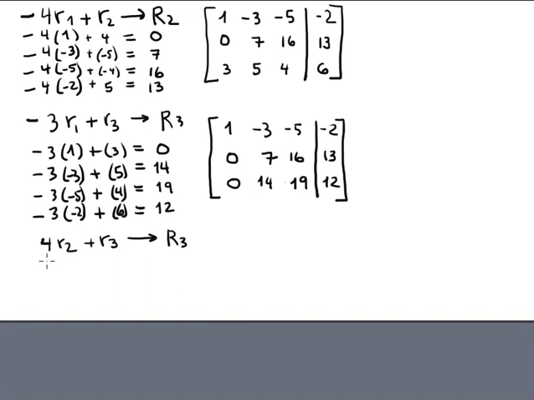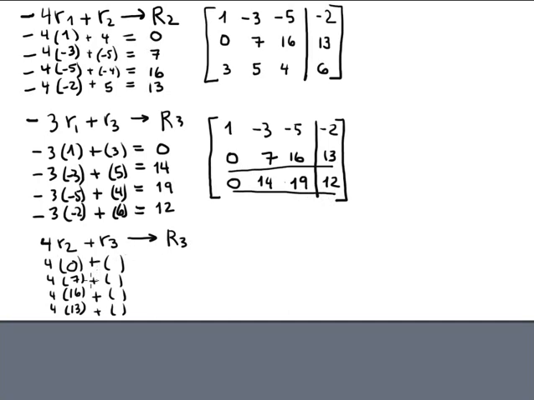Okay, 4, 4, 4, and 4, in parentheses, plus, in parentheses, the elements in row 2, which are 0, 7, 16, and 13, so I copy this. And row 3 has these elements: 0, 14, 19, and 12.